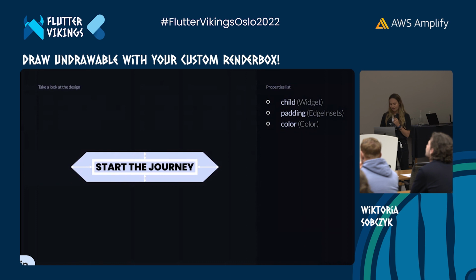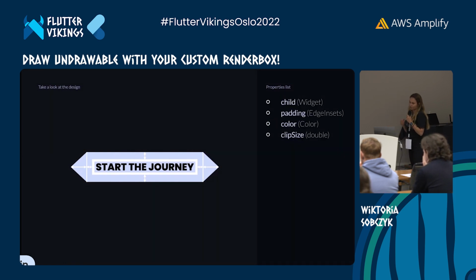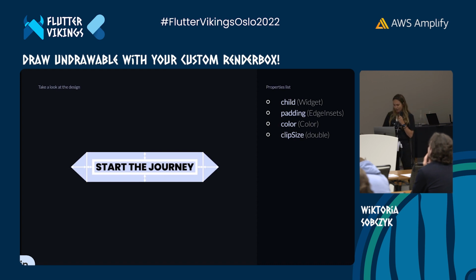So we add a property that we provide as clip size, which is the size that makes our children not occupy the area of our parent. So this is our clip size parameter. And of course, this is our button. So we should think about an onTap method to add some interaction from the user.